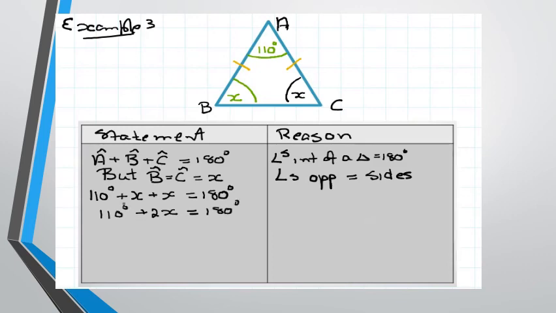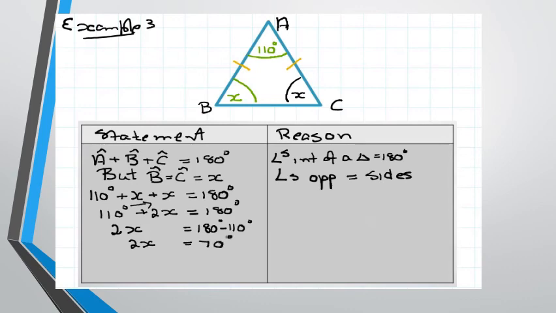So I take the 110 degrees across. I'm going to end up with 2x equals 180 degrees minus 110 degrees. And now 2x is going to give me a value of 70 degrees in that particular case.